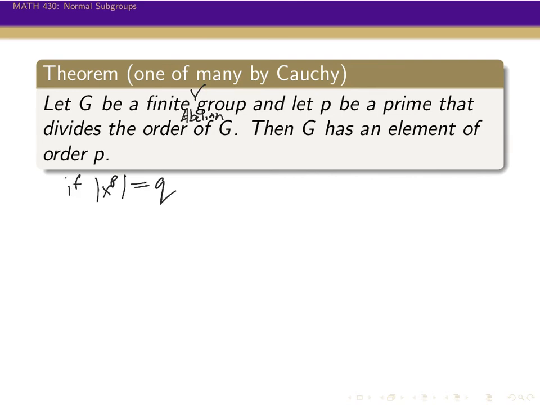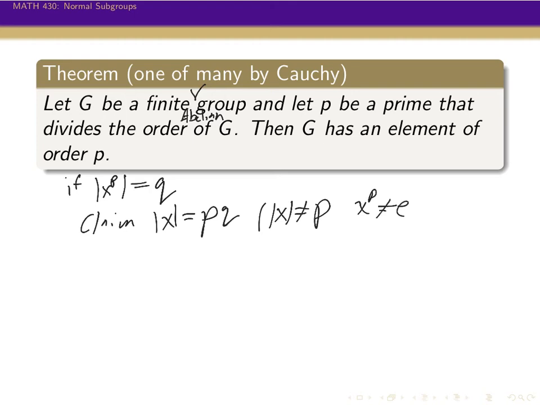So if x to the p has order q, then my claim is that x has order pq, because it can't have order p, because we already said that x to the p is not the identity.